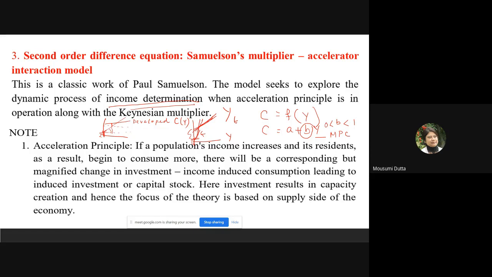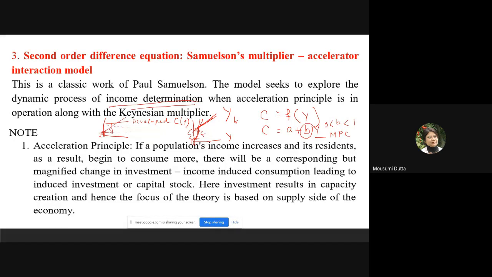So there will be a corresponding but magnified change in investment, because we are understanding that there is rising demand for these kinds of commodities, and therefore there will be a magnified change in investment. If investment increases because of an increase in consumption expenditure, in that case, we can mention this increase as income-induced consumption leading to induced investment or capital stock.